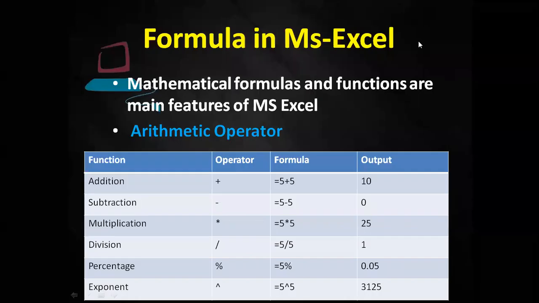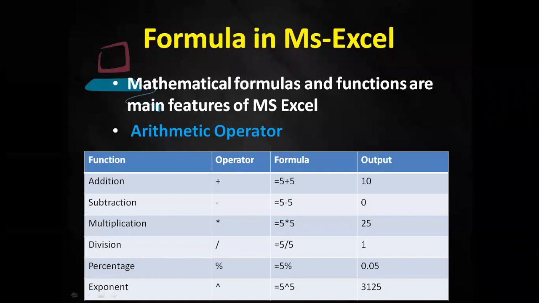For addition, the operator is the plus sign. For subtraction it is the minus sign, multiplication is star, in your language it is star, the actual word is asterisk. Then for division we use slash, for percentage the percent sign, and for exponent the power sign.